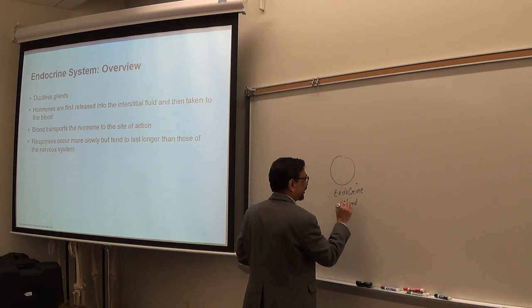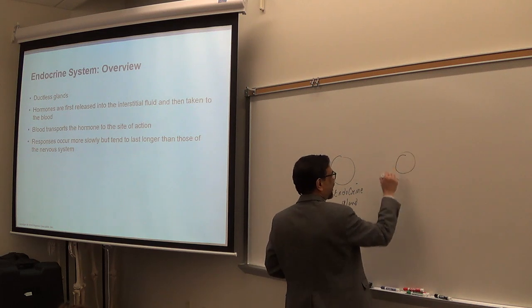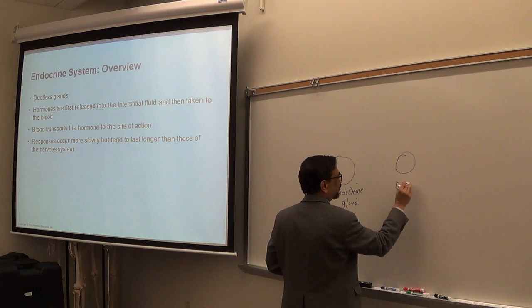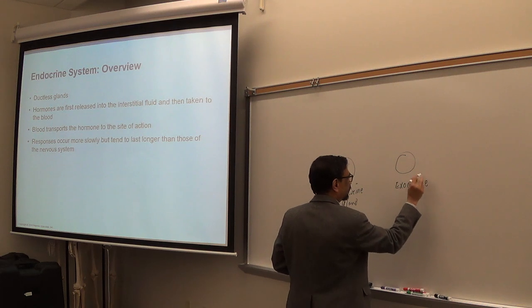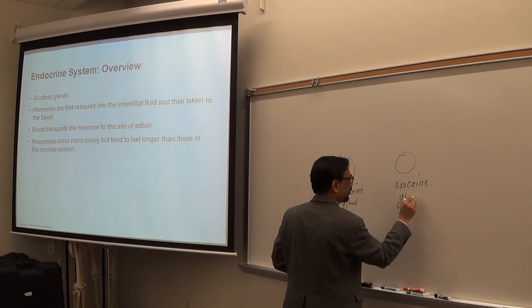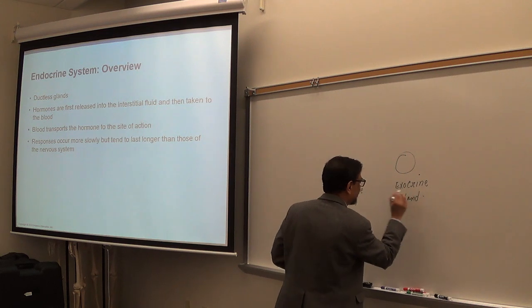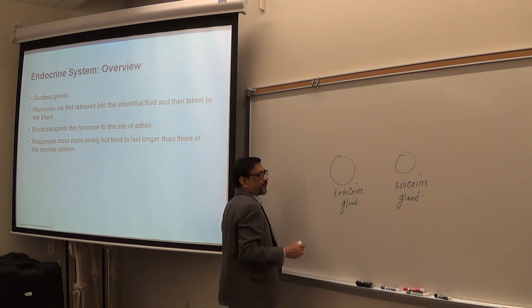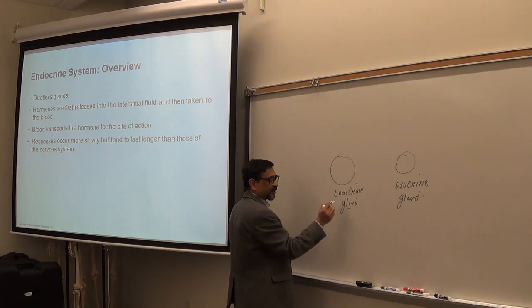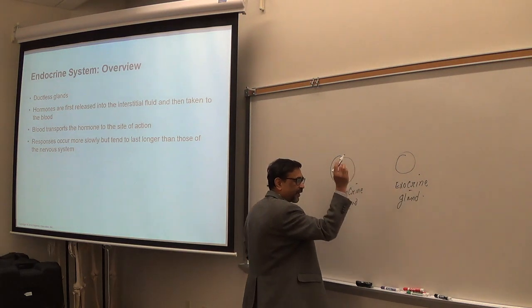And this is an exocrine. Two types of glands we have. We are talking about endocrine today. So how the endocrine glands are different than the exocrine glands in your body.